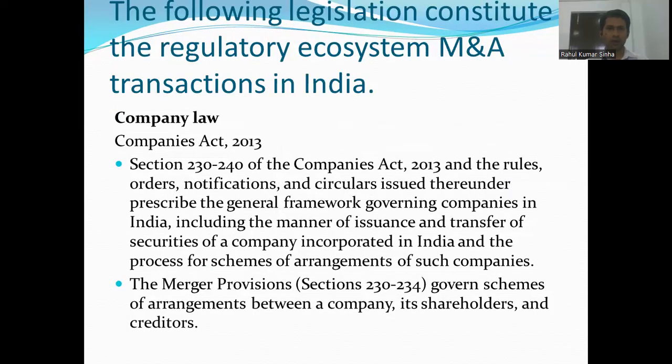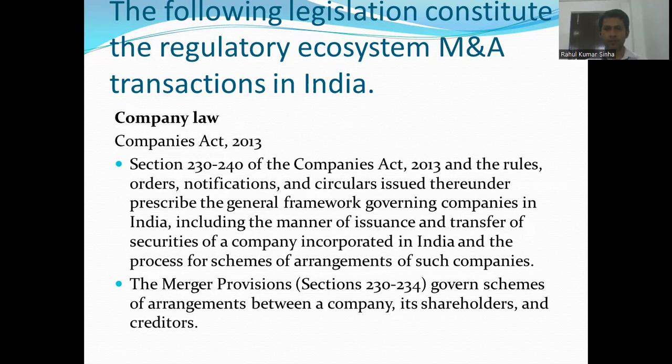So the first law which governs the merger and acquisition is the Company Law, the Companies Act 2013, and Sections 230 to 240 of this act define the rules, orders, notifications and circulars for the Indian companies.